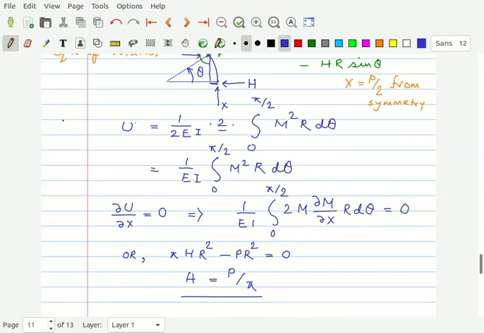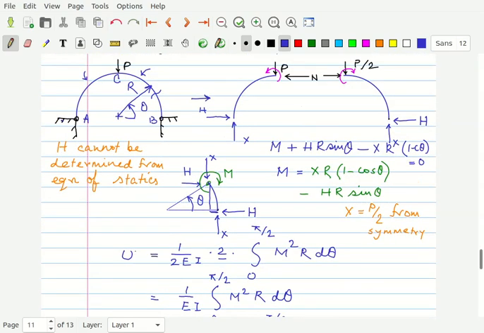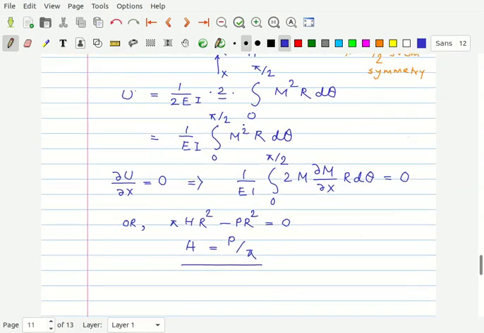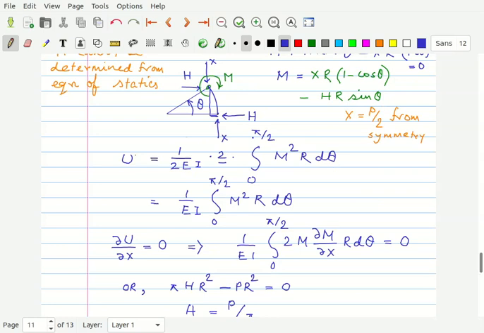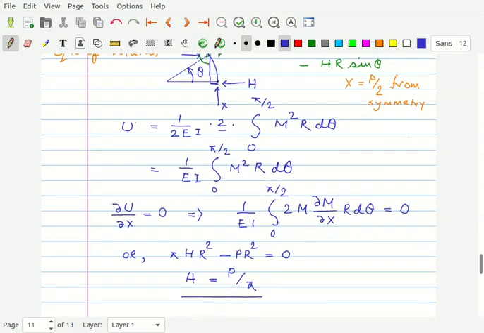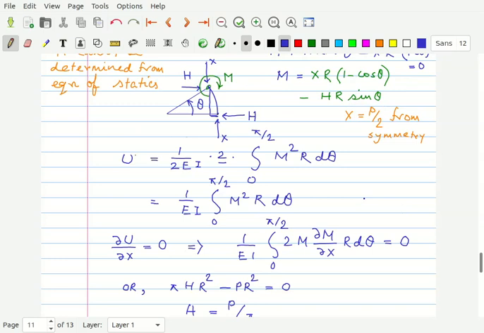So now del u del x is 0. So m is coming in terms of this, this is m square. And you know that x is P by 2, so m is coming in terms of this.